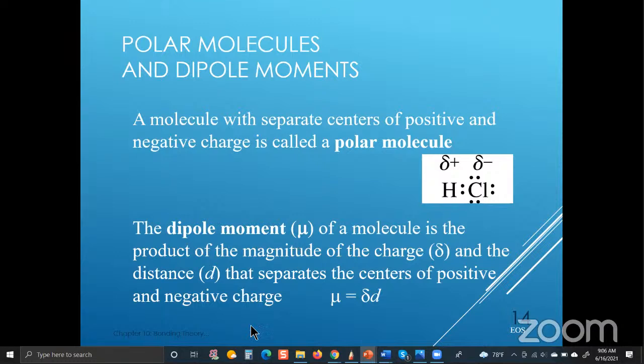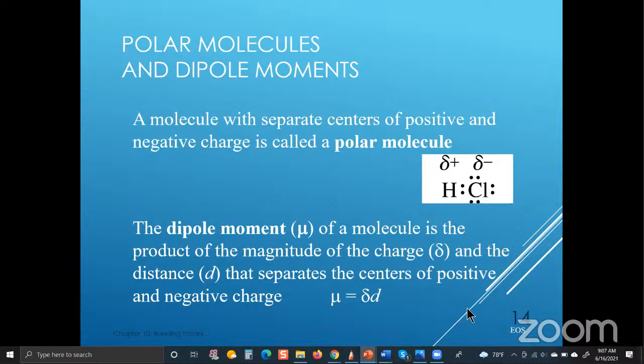It's a measure of how polar the bond is, and it equals the charge on each of the atoms times the distance that separates the two charges. You're not going to use this formula in this particular course, but I thought it was important for you to understand how we come to the numbers that we use to express the magnitude of dipole moments of bonds.